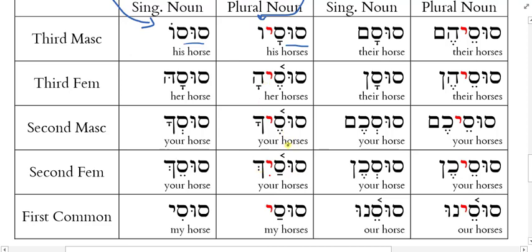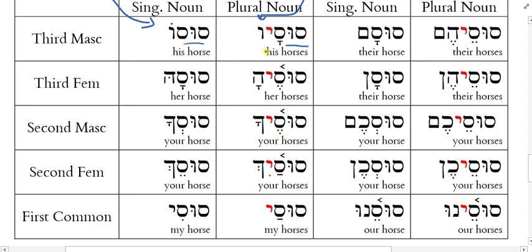But what I want you to see is that in each of these forms, there's one very important letter that goes with the helping vowel, and it's this letter yod. We don't have yod before the pronouns when the noun is singular. But if my noun is plural, before each pronoun, there is a yod that's signaling that we have a plural noun here.